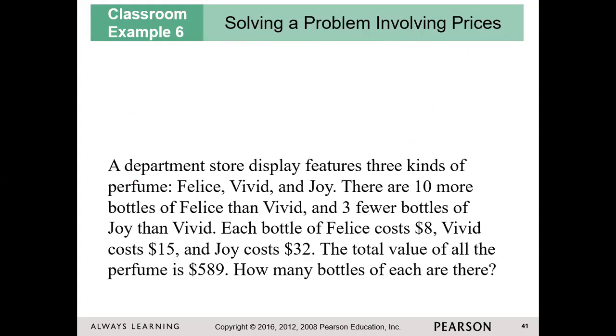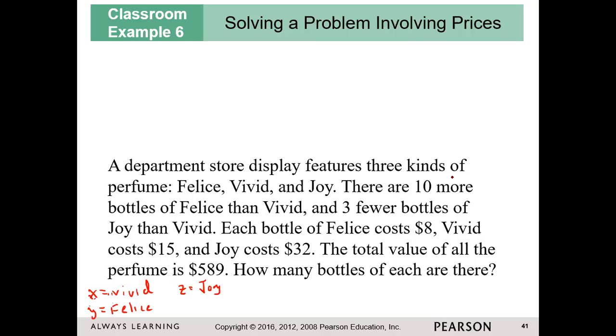There are 10 more bottles of Felice than Vivid, so maybe I'll set Vivid to be my X. So X is going to be Vivid. That means that Y is going to be Felice. And then Z will be the other one, which is Joy.